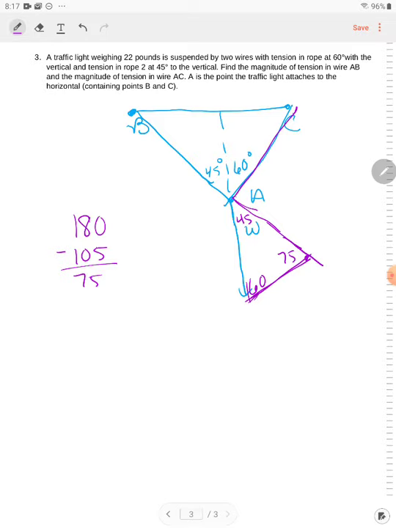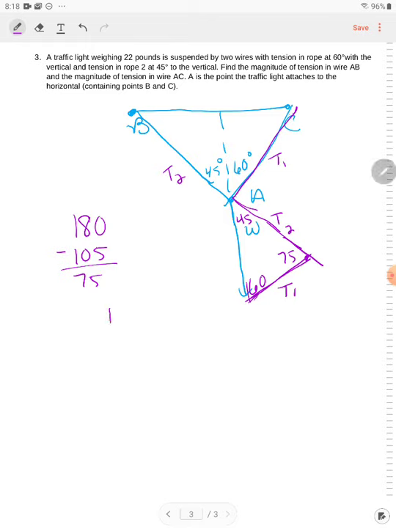I'll say this is T1 and this is T2. Because these lines representing T1 are parallel, we could form a parallelogram, but we'll sketch it like this.